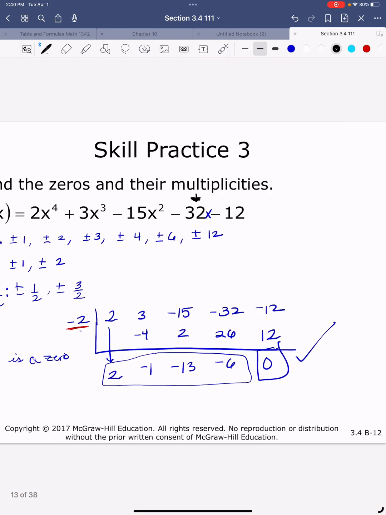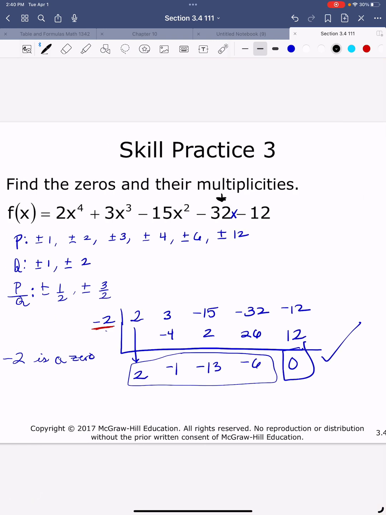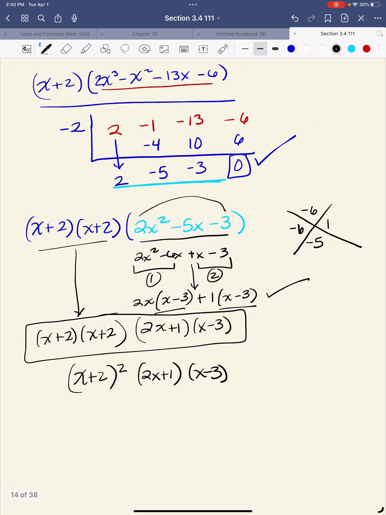So if we were to find the zeros and their multiplicities, as we set out to do, we know that, setting them all equal to 0, this x plus 2 would give me x equals negative 2, because we set x plus 2 equal to 0 and solve. And note that the square doesn't change it at all.